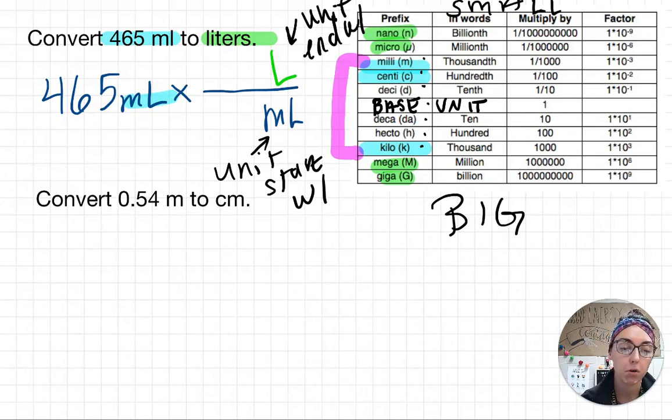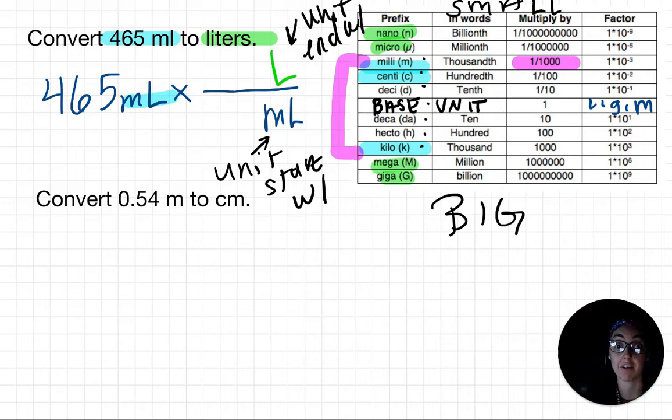So I'm going to come over to my metric unit chart here, and I want to go from milliliters to liters. Milli is 1/1000th of the base unit. Liter is a base unit. When we talk about base units, as I mentioned earlier, that's liters, grams, meters, anything without a prefix. A milliliter is 1/1000th of a base unit.